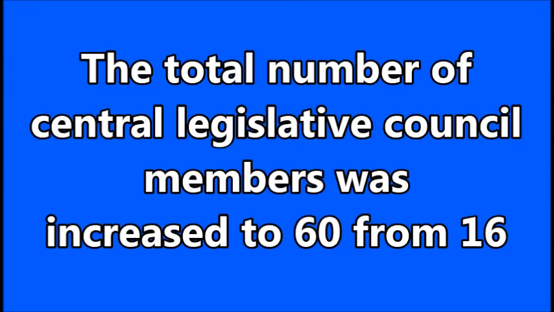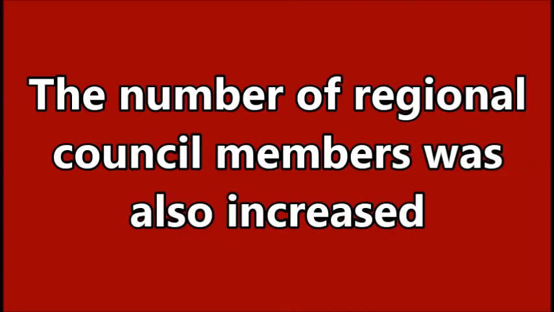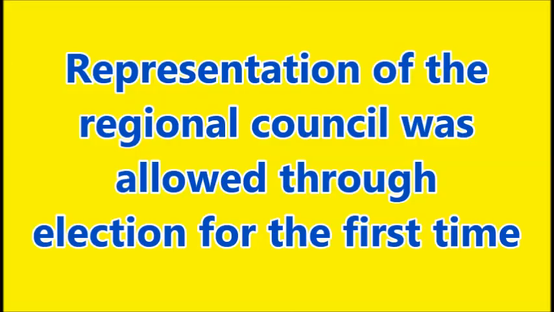First one, the total number of Central Legislative Council members was increased to 60 from 16. Second one, the number of regional council members was also increased. Third one, representation of the regional council was allowed through election for the first time.